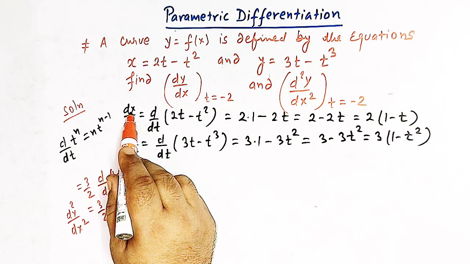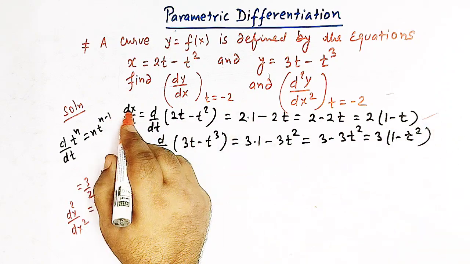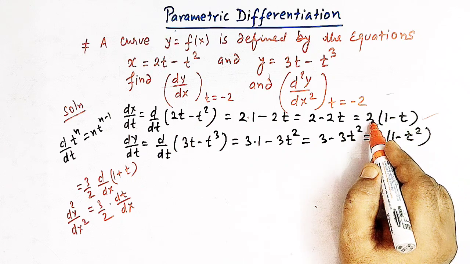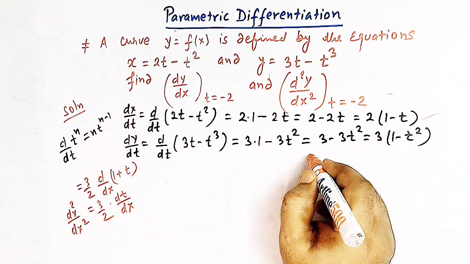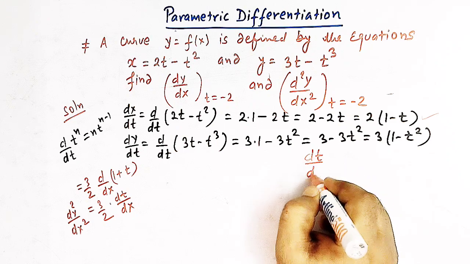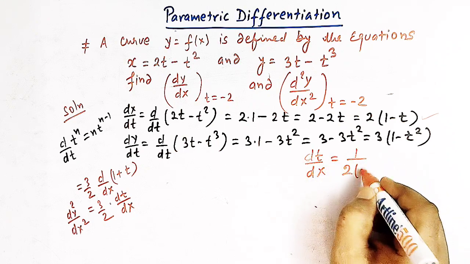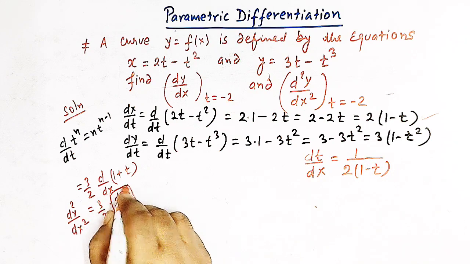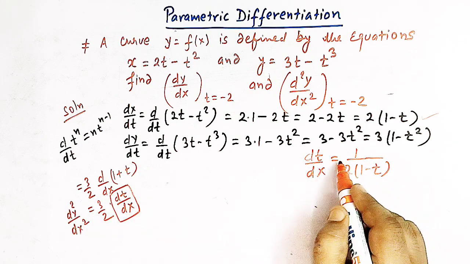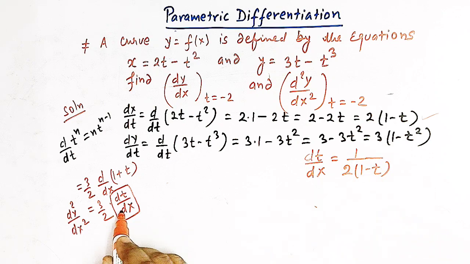So now from this expression, we see that dx over dt is equal to 2 times 1 minus t. So if we take the reciprocal, then we have dt over dx as 1 over 2 times 1 minus t. So we can now substitute dt over dx equal to 1 over 2 times 1 minus t over here.